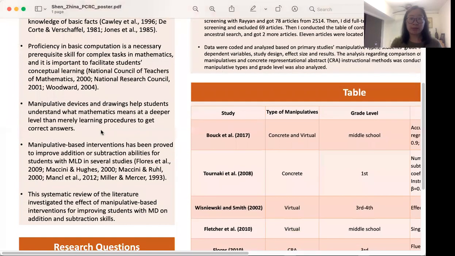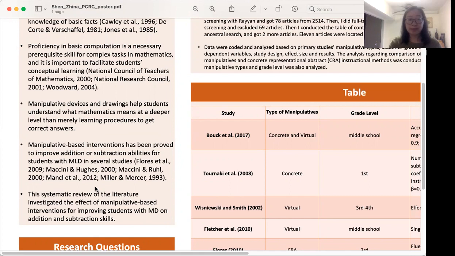Based on some studies, manipulative devices or drawing can help students understand concepts at a deeper level. Based on other research, manipulative-based interventions have been proven to improve students' addition and subtraction abilities, especially for students with mathematical learning disabilities.